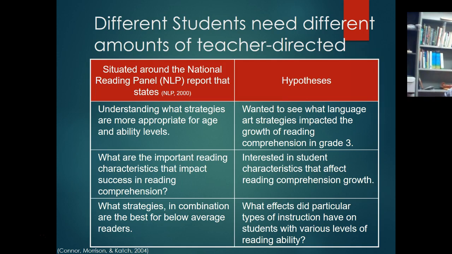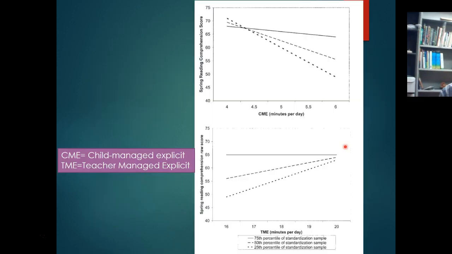And the data for this comes out of a fantastic study by Connor and her group down at the Florida Research Center. What they were interested in looking at, in a bunch of different studies, were a whole bunch of different interventions and variables that predicted the outcomes of grade 3 students on reading comprehension measures.